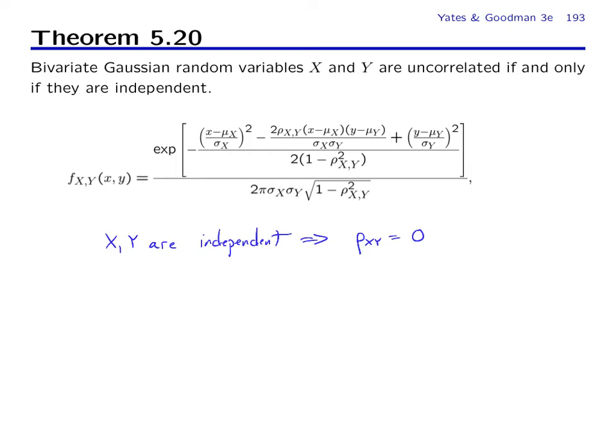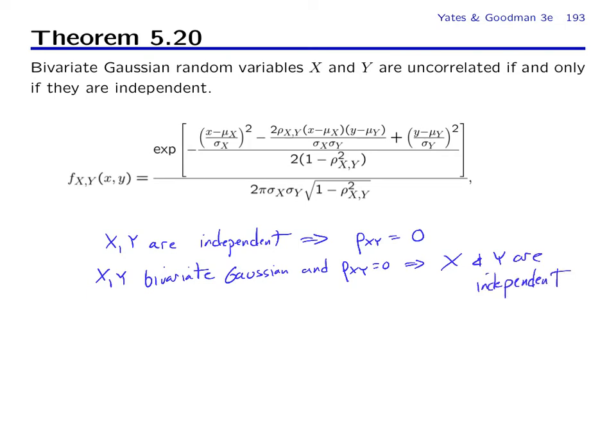The bivariate Gaussian distribution, however, is a special case: when x and y are bivariate Gaussian and rho xy equals 0, then x and y are independent.